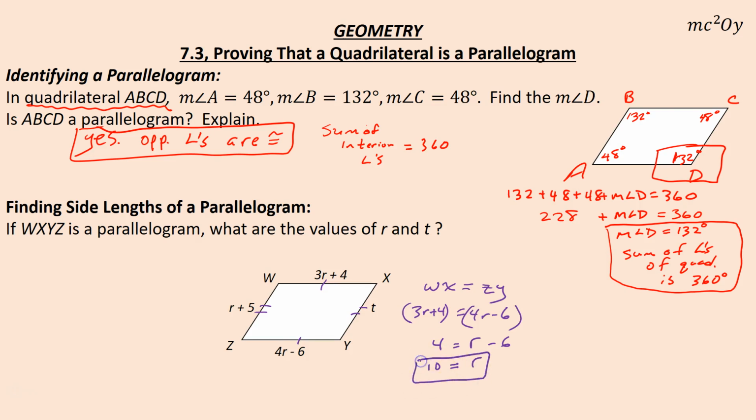And if r is 10, that means r plus 5, which equals t, or WZ equals XY, right? So we have r plus 5 is equal to t, and we know r is 10. That's 10 plus 5 is equal to t, or 15 equals t. All right.